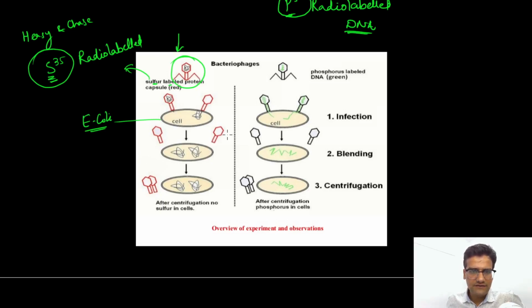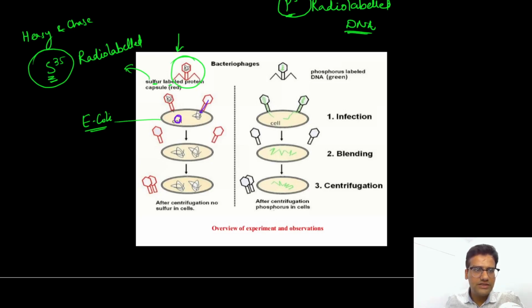The bacteriophage transfers its genetic material into the E. coli cell. Let's say this is the genetic material of the E. coli cell, and this is the genetic material which is transferred from the bacteriophage to the E. coli cell.